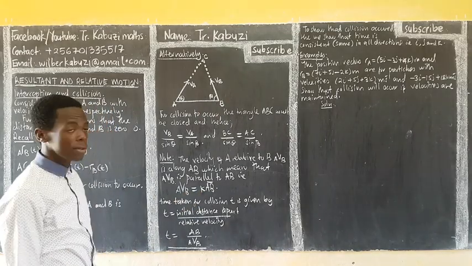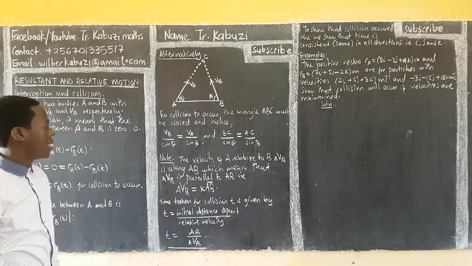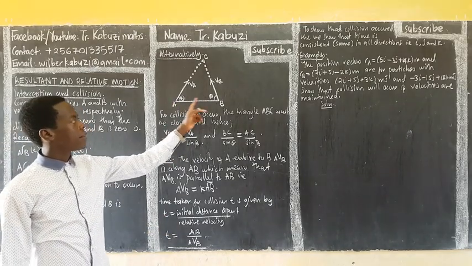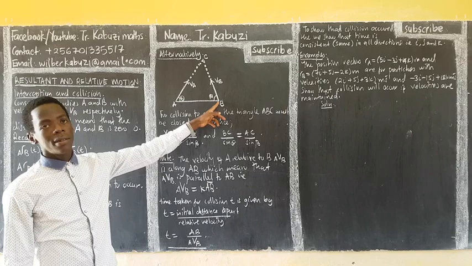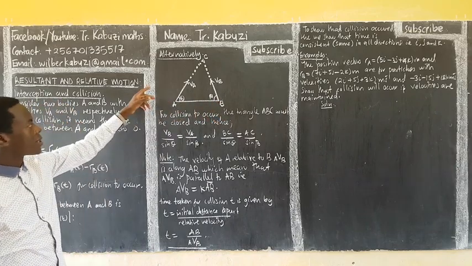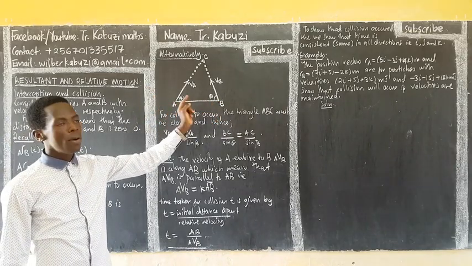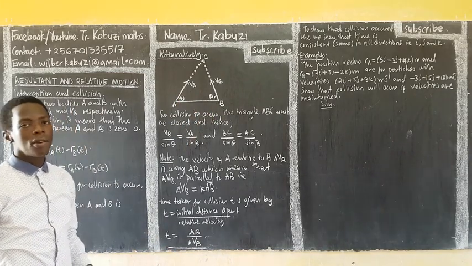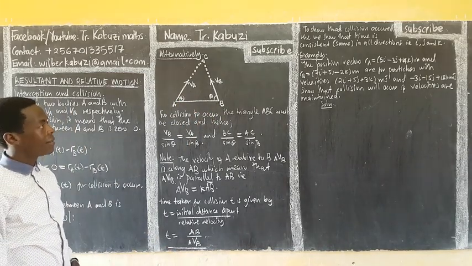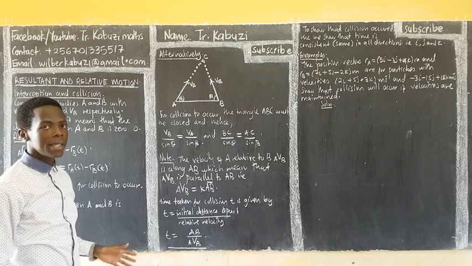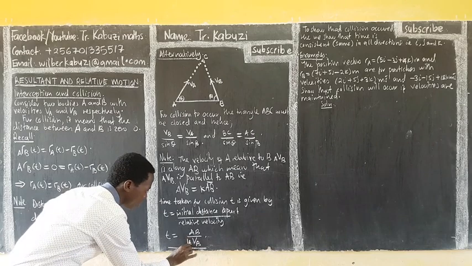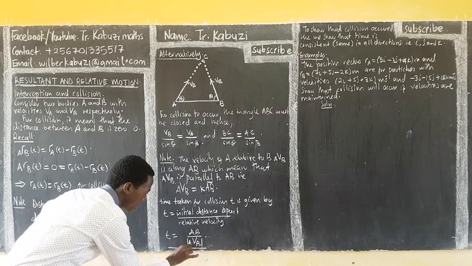That's how we show that two are parallel. So the time taken for collision, if B is at rest, is the distance AB over the resultant velocity, which is the relative velocity of A relative to B, or B relative to A. You take the magnitude, of course, because distance can't be negative.